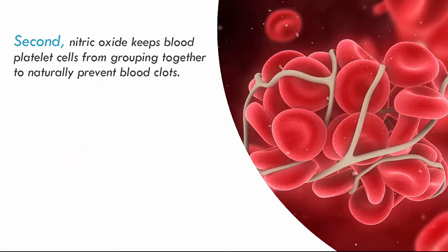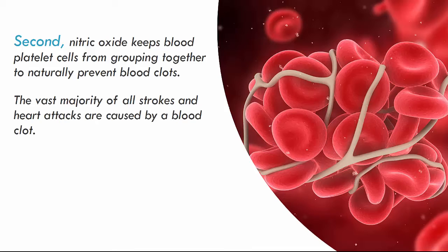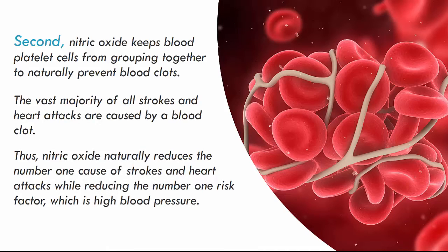Second, nitric oxide keeps blood platelet cells from grouping together to naturally prevent blood clots. The vast majority of all strokes and heart attacks are caused by a blood clot. Thus, nitric oxide naturally reduces the number one cause of strokes and heart attacks while reducing the number one risk factor, which is high blood pressure.